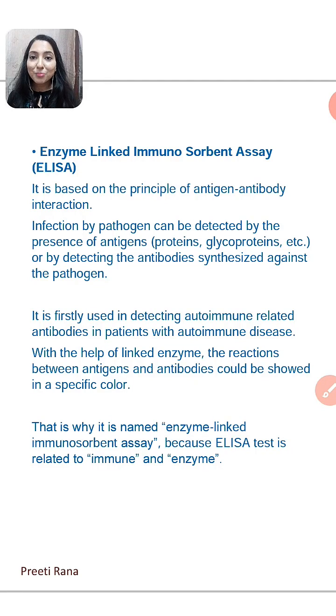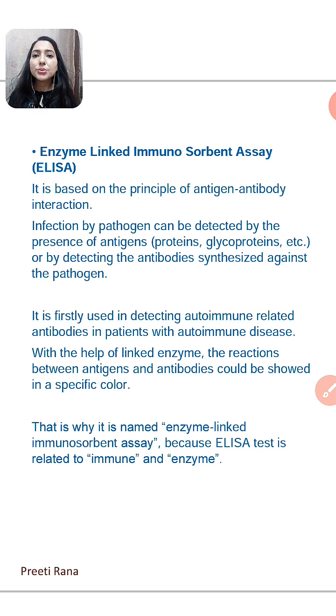The next process of molecular diagnosis is the enzyme-linked immunosorbent assay, the ELISA test. It is based on the principle of antigen-antibody reaction. The infection by a pathogen can be detected either by the presence of antigens or by detecting the antibodies formed against the pathogens.